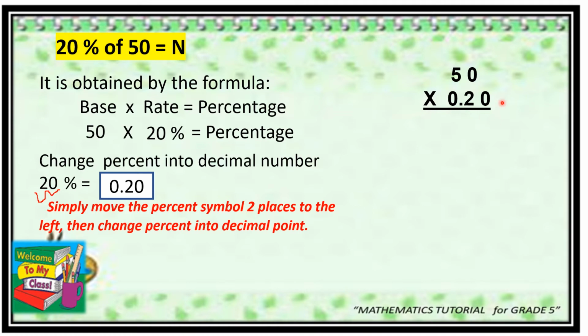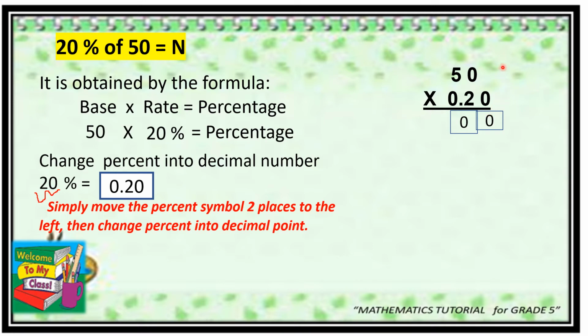So, uunahin natin itong 0 na nasa hundreds place. 0 times 0 equals 0. 0 times 5 equals 0. Remember, when you multiply any number by 0, the answer will be 0. Next, multiply 2 by 50.